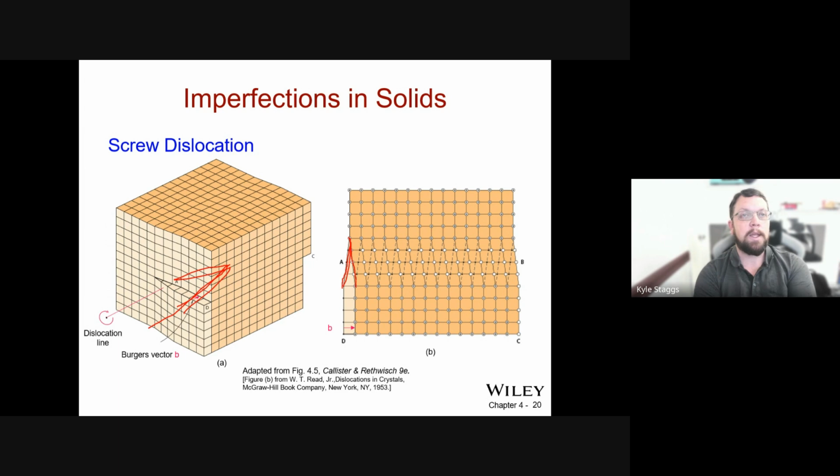And this whole plane is now dislocated, and it's rhomboidal in shape at the location of the distortion. All of the bonds in that region are under stress.